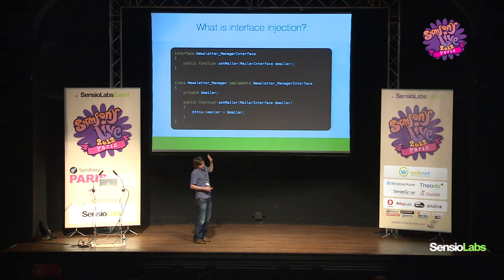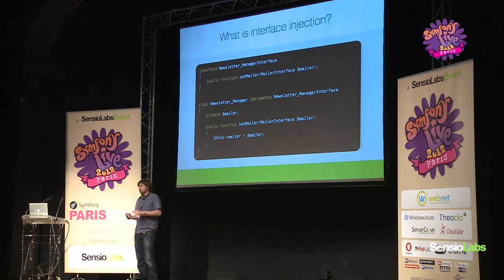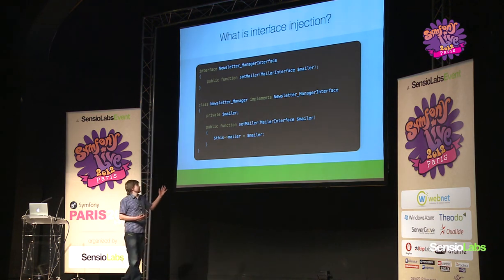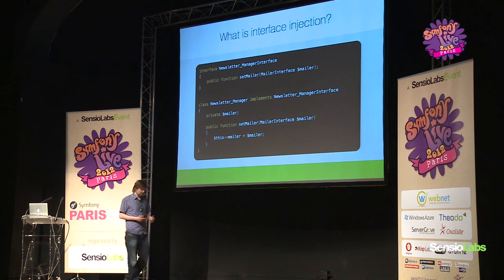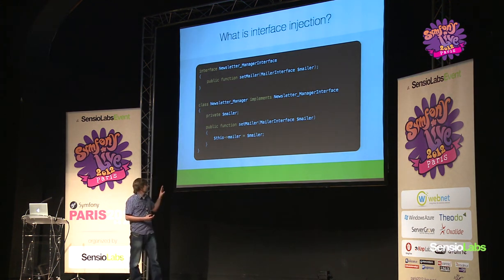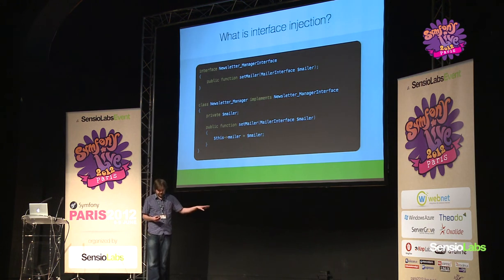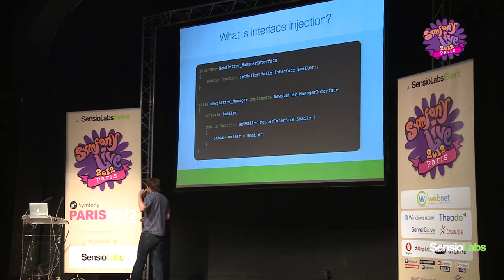Basically, in order to use this, we need to define an interface on the class. An interface is a good thing, so we can define the public API for the class. In this case, we're using setter injection, injecting the mailer with the setMailer method, and we're using the interface to enforce that it has it.